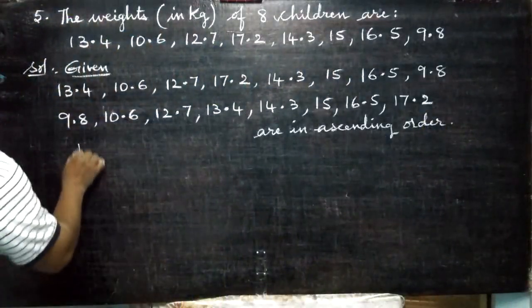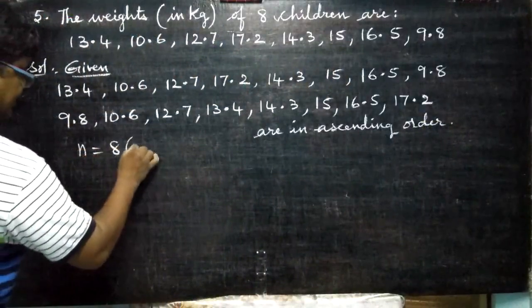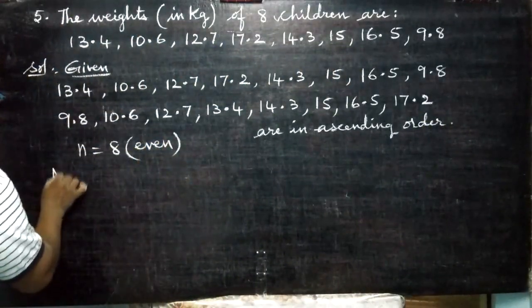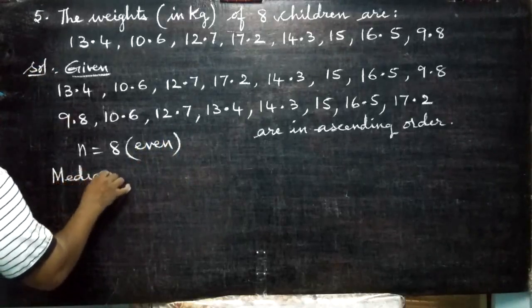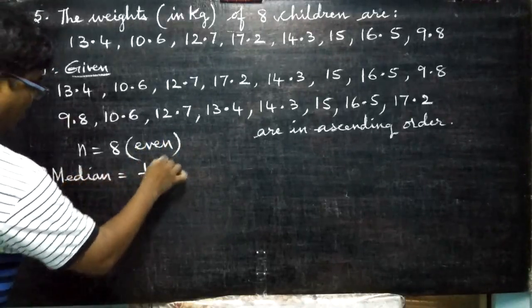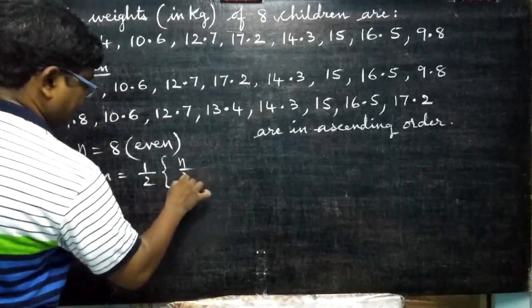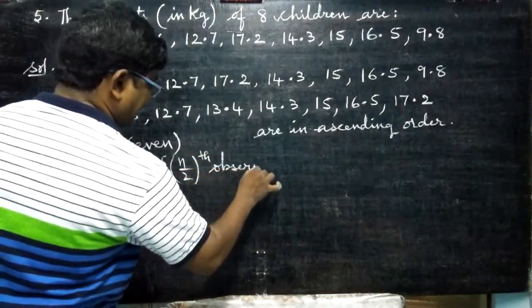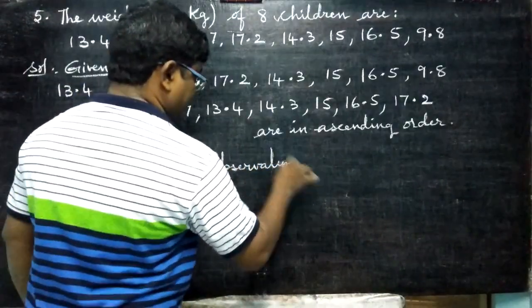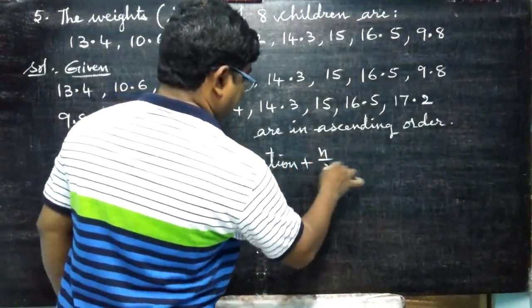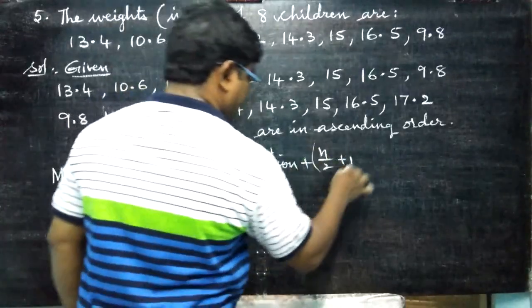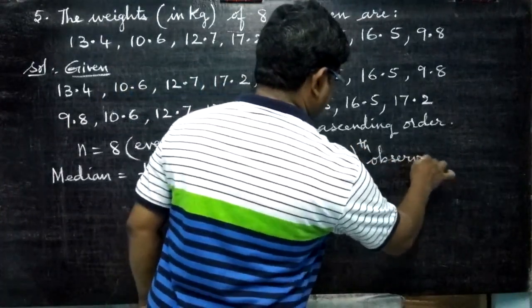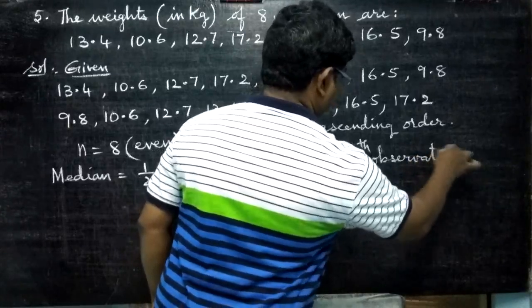Now, n is equal to 8. Which number is it? An even number. When it is even, the median formula changes. It is half of the (n by 2)th observation plus the (n by 2 plus 1)th observation. It seems very lengthy, but it is very simple.